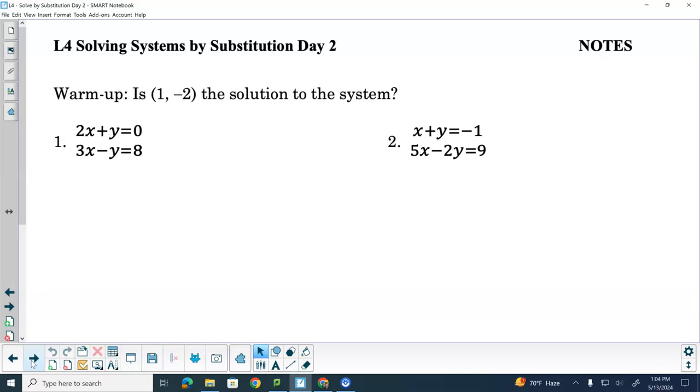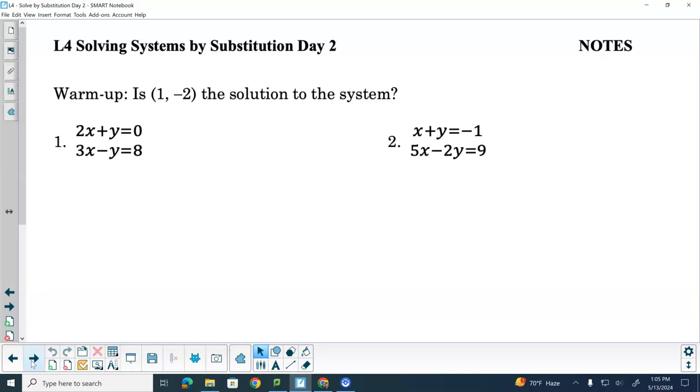It's a yes or no question. Either this point is a solution to it, that would be yes, or this point is not a solution to it, and that would be no. This is a yes or a no question. And I don't know how many different kinds of answers I got when I was grading these yesterday. Some people would give me a check mark.